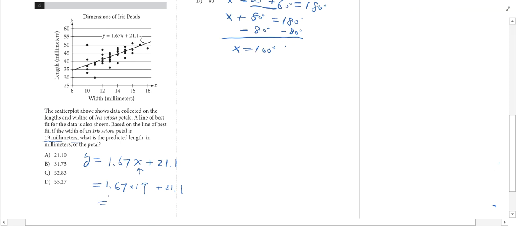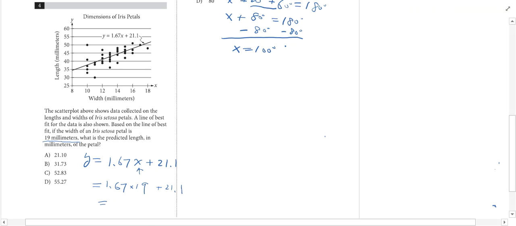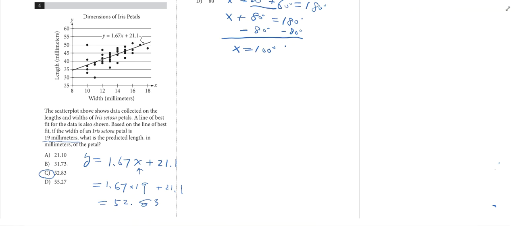So from there you can do the calculation now. 1.67 times 19 and add 21.1. You will get 52.83. So the answer here, we can see that this is a C.